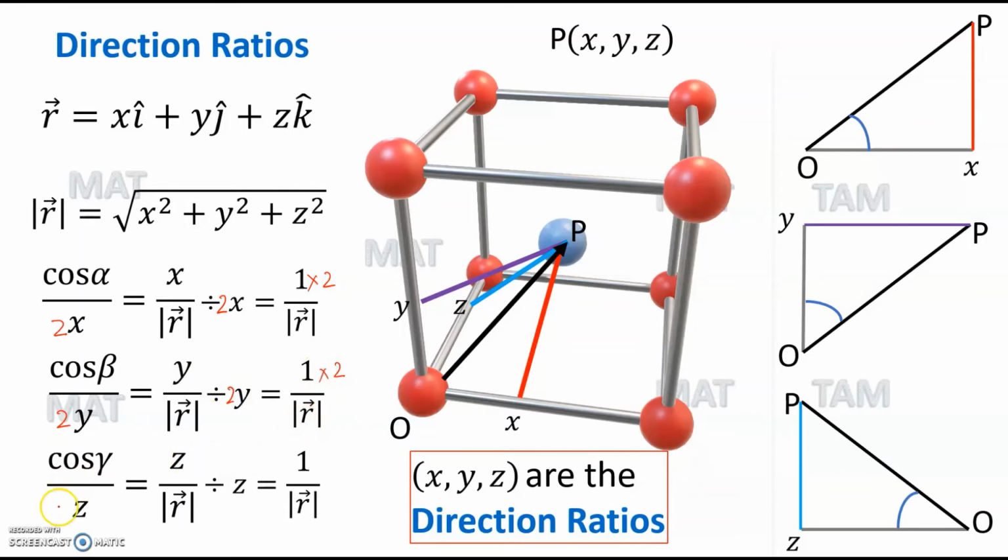Similarly, if I divide cos gamma by 2z, then again my answer would be 2 by magnitude of r. So can you see that by dividing cos alpha, cos beta and cos gamma by 2x, 2y and 2z, we get 2 by magnitude of r each time. So 2x, 2y and 2z now become our direction ratios. So direction ratios are not unique.